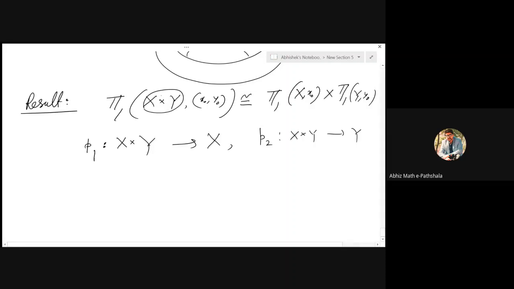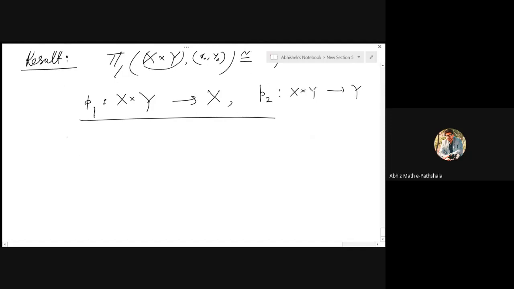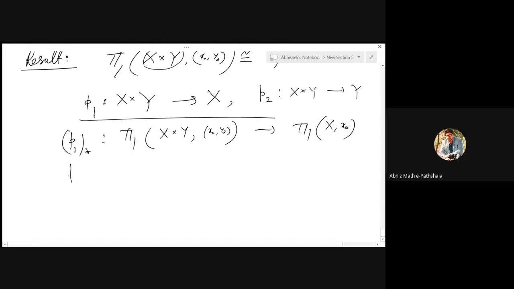And since you have defined a product topology on X cross Y, these maps are continuous. So with respect to these continuous maps, you can have homomorphisms, that is P1 star and P2 star between the fundamental groups.